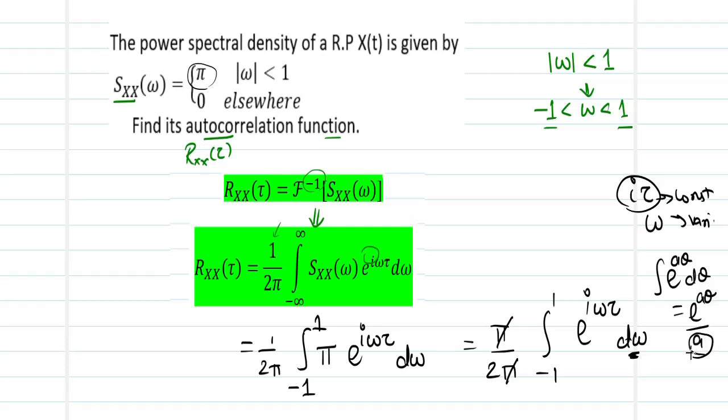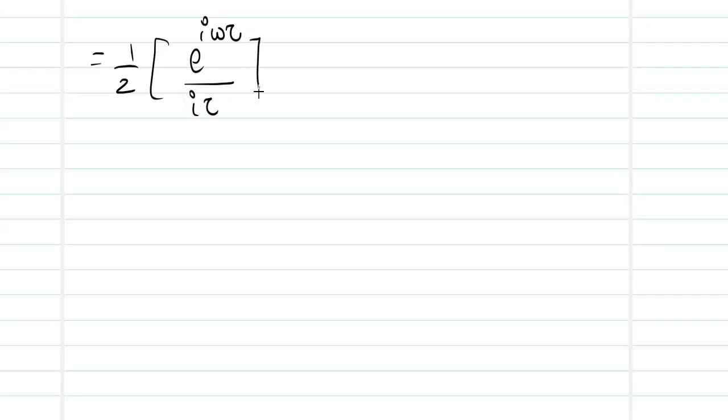With respect to omega, i is the constant and tau is the constant. So we have 1 by 2 times e power i omega tau divided by i tau. This is the constant by which I have to divide, and the limit varies between minus 1 and plus 1. Omega is my variable, and it takes the values between minus 1 and plus 1.